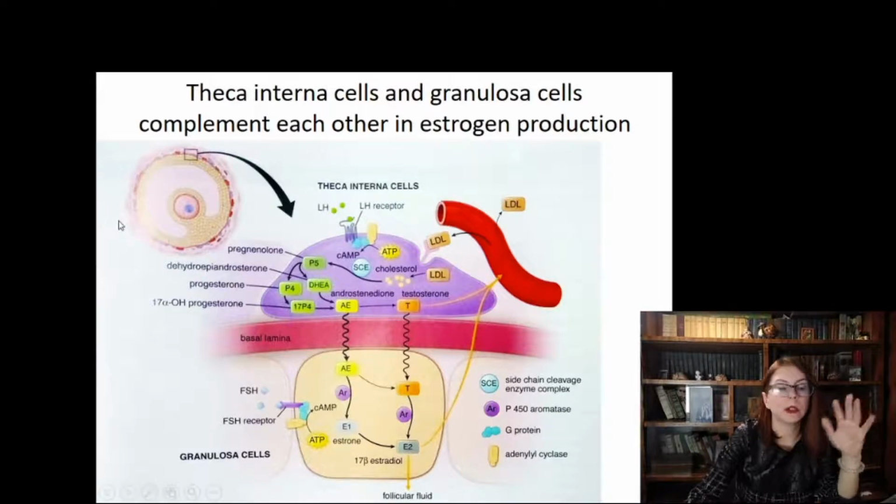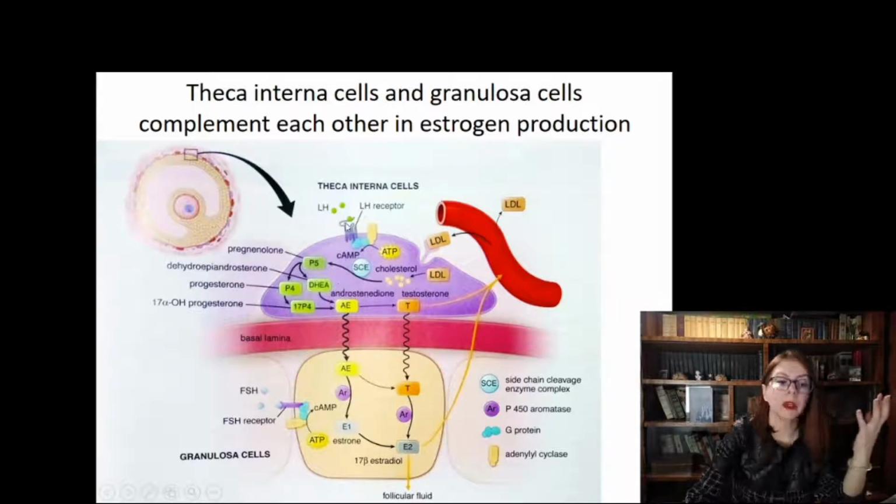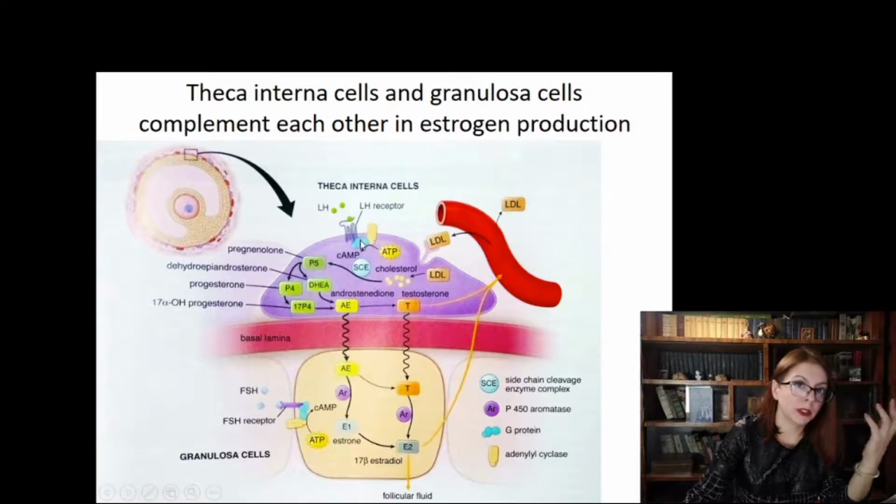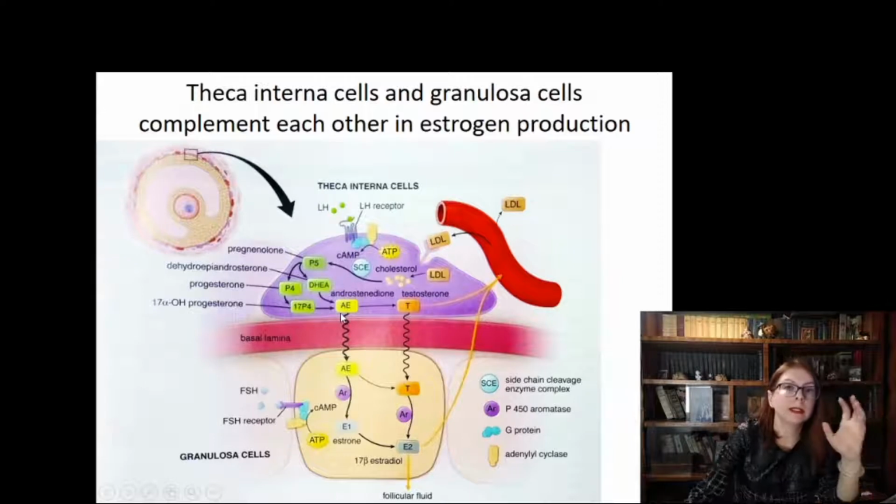We do not ask you to remember all those intermediates like pregnenolone, dehydroepiandrosterone, and so on, but in general, you have to comprehend that under the action of luteinizing hormone, cholesterol is converted into androgens in the theca interna cells.